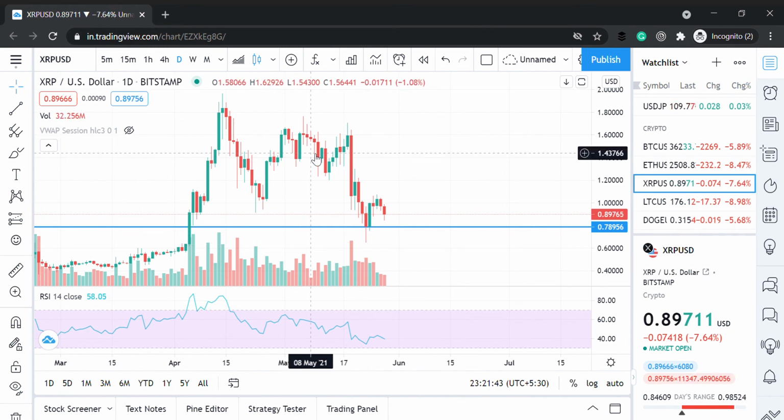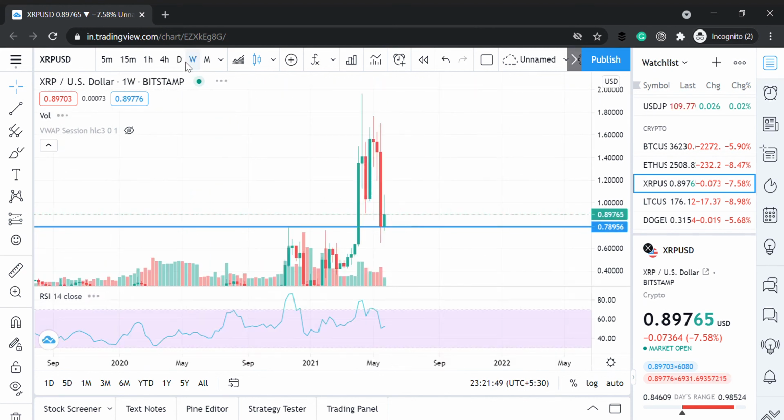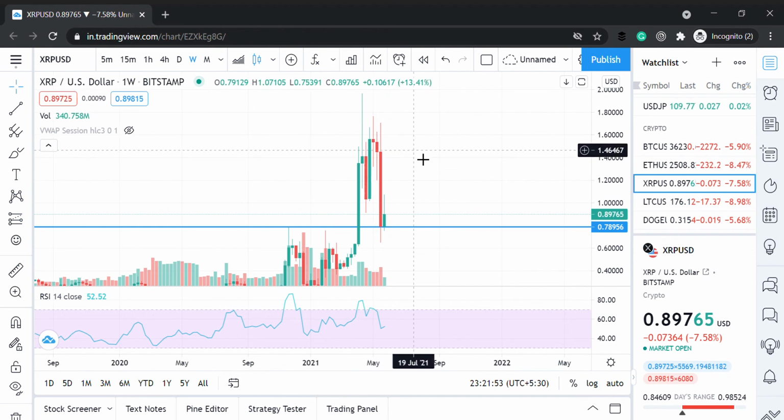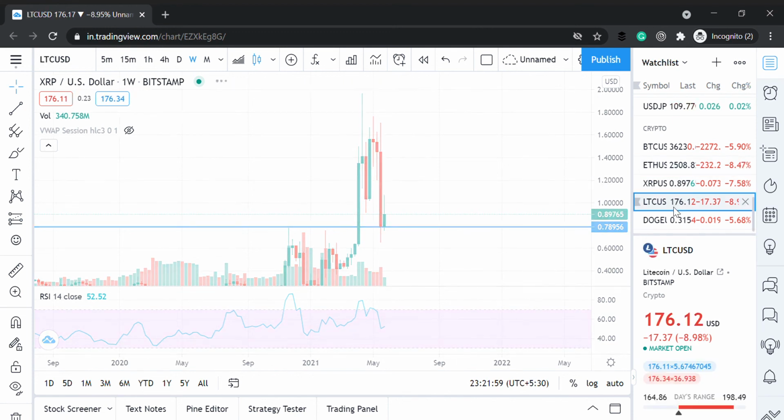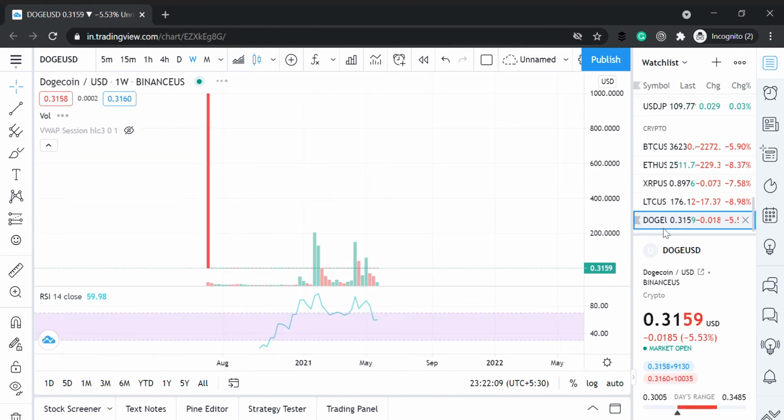And let's talk about the weekly chart of XRP. My bad. It's again just like the Ethereum or Bitcoin. It's again in the upward trend. Let's talk about Litecoin. All these charts are quite identical, I should say. Again, an upward trend, and I believe in Doge as well. You can see the upward trend.